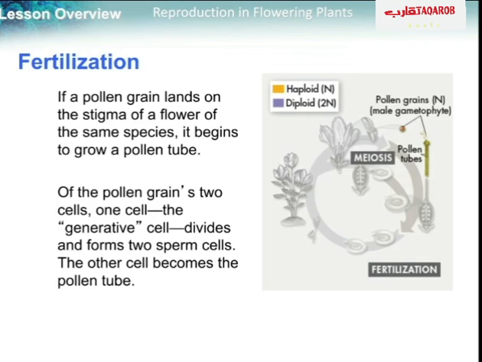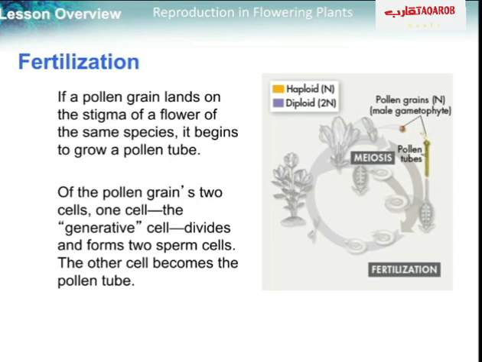Let's check the fertilization. You have to memorize that we have haploid cells, which have one set of chromosomes, and diploid cells, which have double sets, or two sets, of chromosomes. If a pollen grain lands on the stigma of a flower of the same species, it begins to grow a pollen tube.